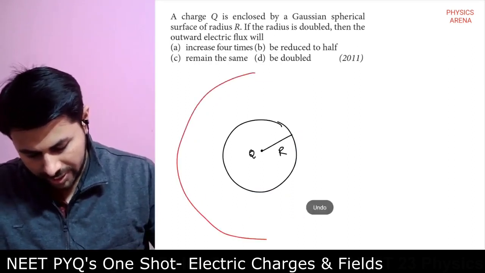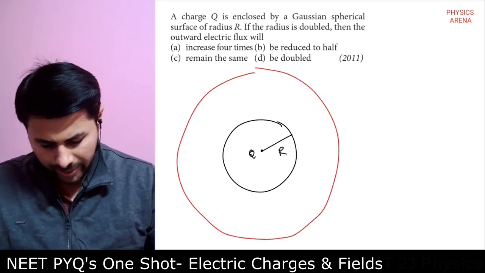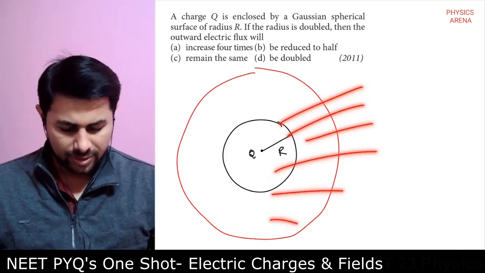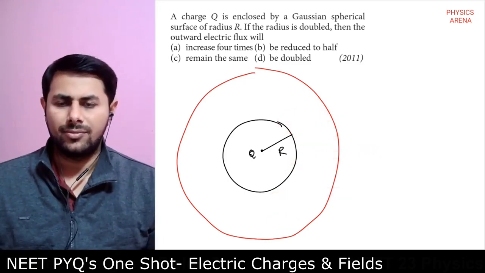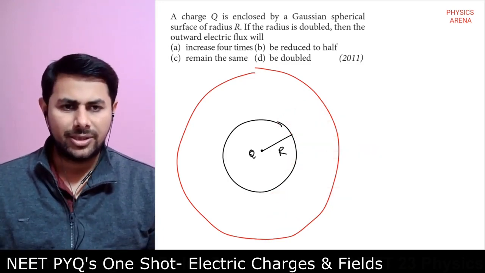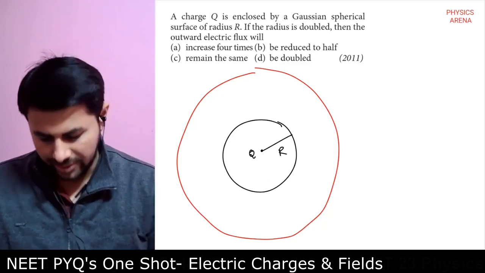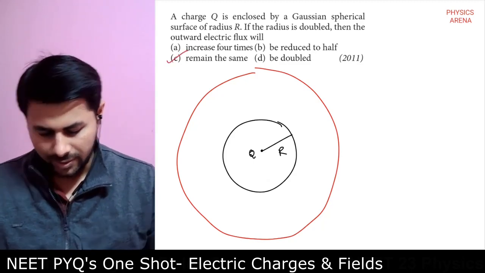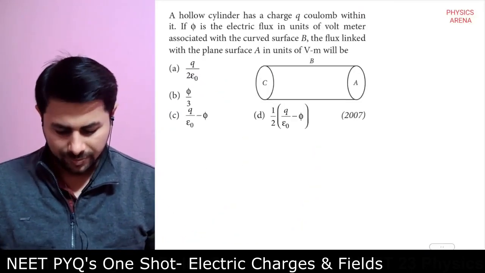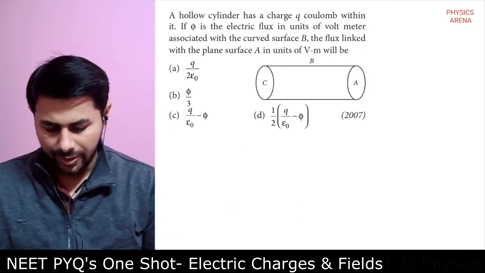So the question is, what will be the flux through this second sphere? It will be the same, right? It remains the same. Option C. This is simple. Next question.